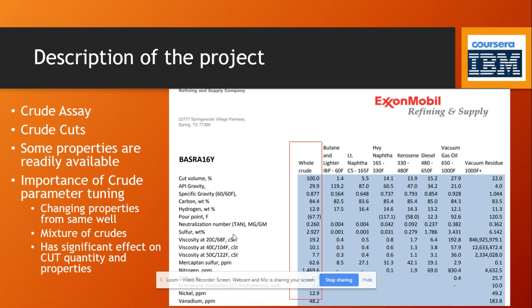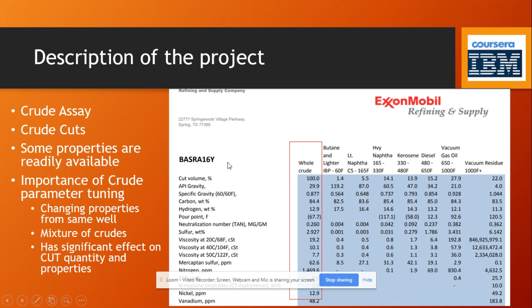The determination of all these parameters requires a lot of time, and it becomes impractical. So most of the results are available to me after my refining process is over. So most of the time, I have not been able to optimize my parameters so that they give me the best output.